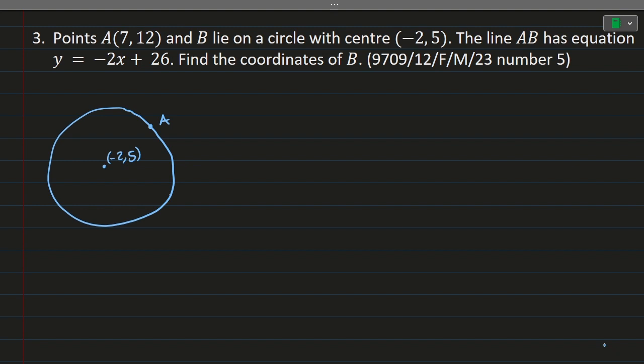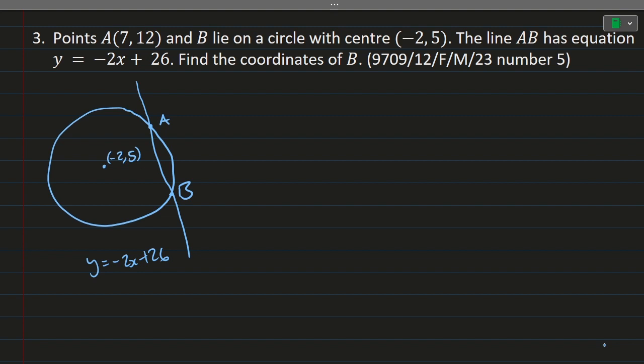So let's say B is somewhere here, and then we have our line through A and B with the equation y equals -2x plus 26. Now the question wants us to find the coordinates of B.